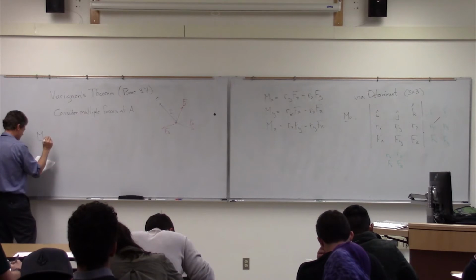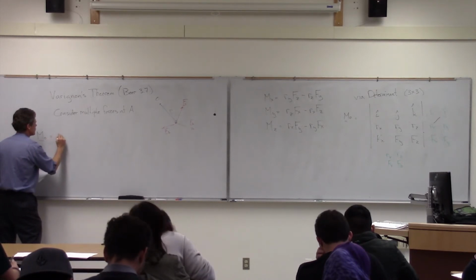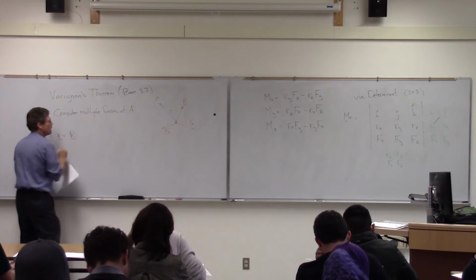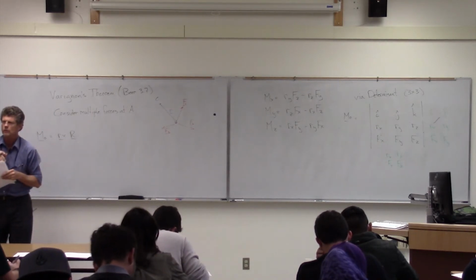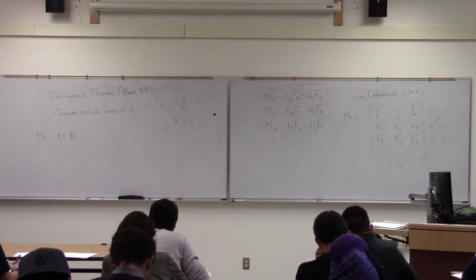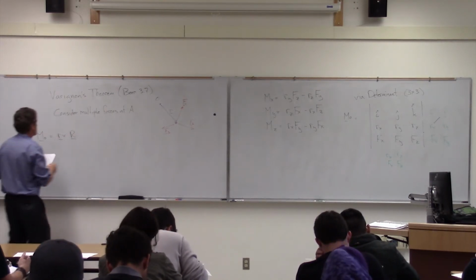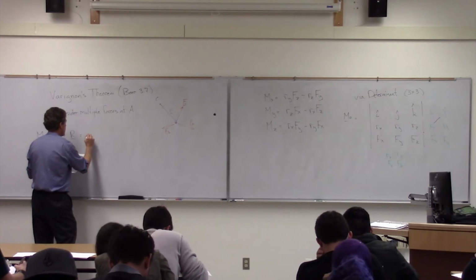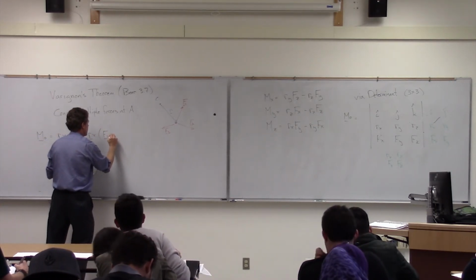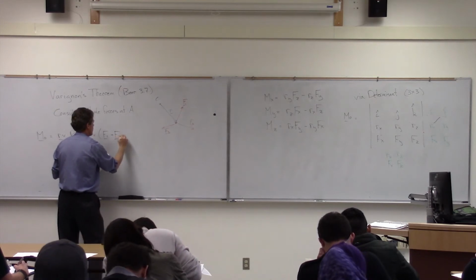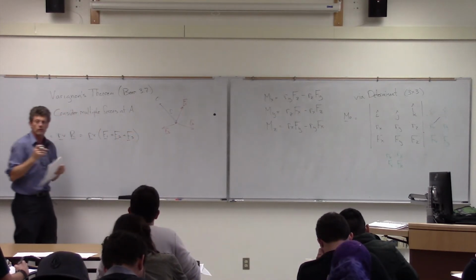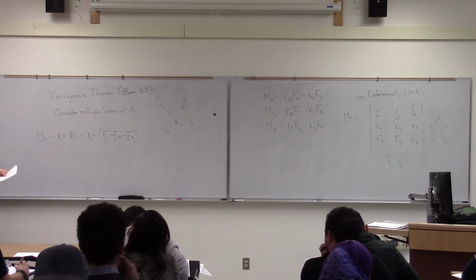Okay, what Varignon came up with is he recognized the fact that I can take F1, F2, and F3 and add them together and create a resultant, right? We did that because they're all at a point. So another way of expressing that is either the resultant or I can break it into a bunch of forces like that.